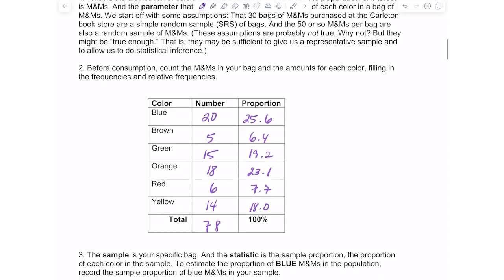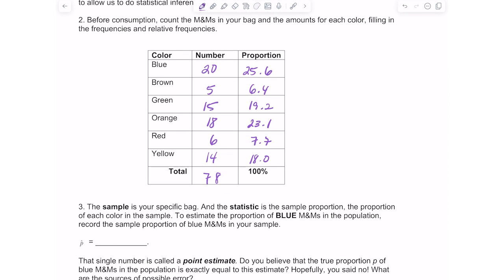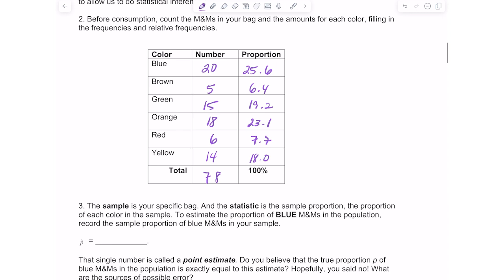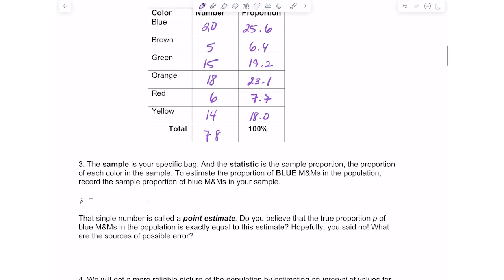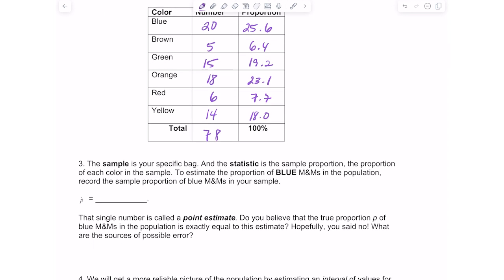Now you know that your bag is your sample, and not every sample is going to be the same due to natural sampling variation. The statistic is the sample proportion, so the proportion of each color in the sample. To estimate the proportion of any of the colors, we're going to follow these steps. Let's say I'm interested in knowing what percentage of blue M&Ms, or orange M&Ms, there should be in any bag of M&Ms.